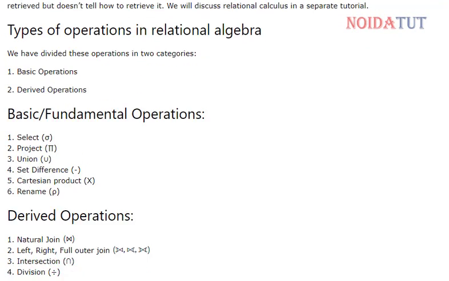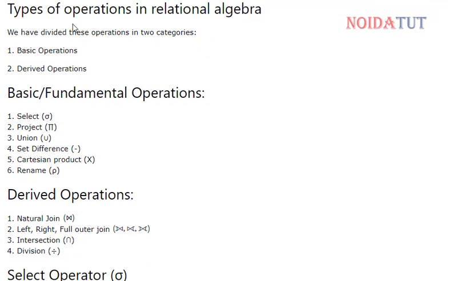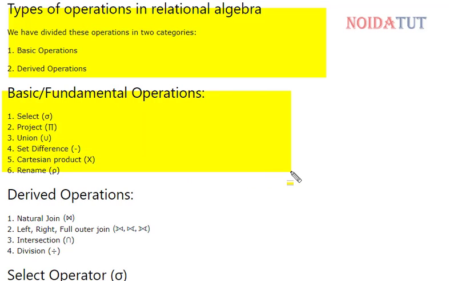Now in this we have different types of operations in relational algebra. These are the basic operations and derived operations. The basic fundamental operations we have are select, project, union, set difference, Cartesian product and rename.